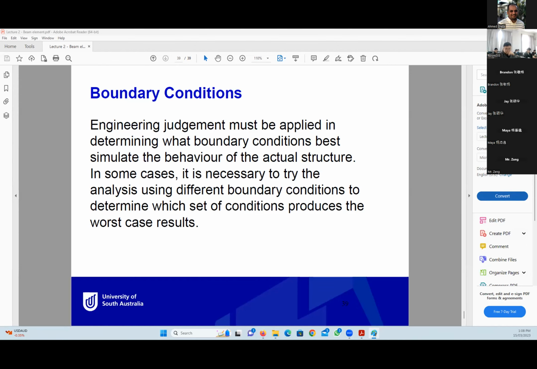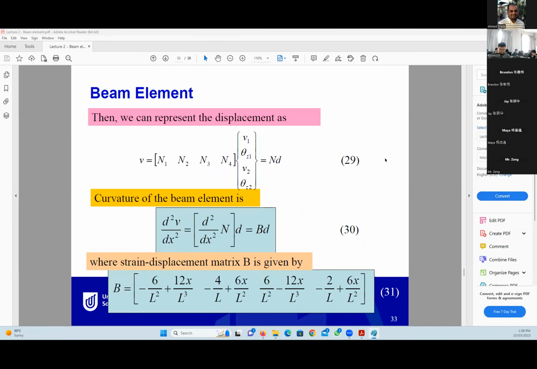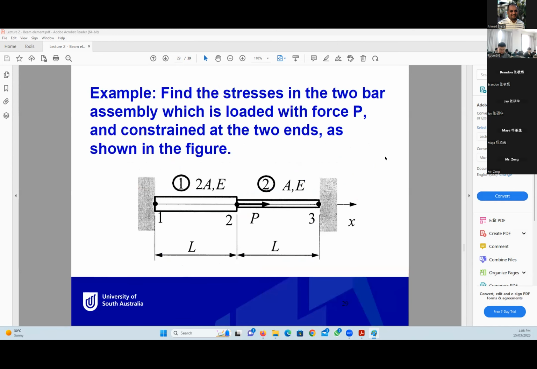But we need to know what the stiffness matrix for the truss element and the beam element is. And if we include the axial effect in the beam element, what is the difference and what does the stiffness matrix look like? Then now we will go to the step I delayed, which is the example.